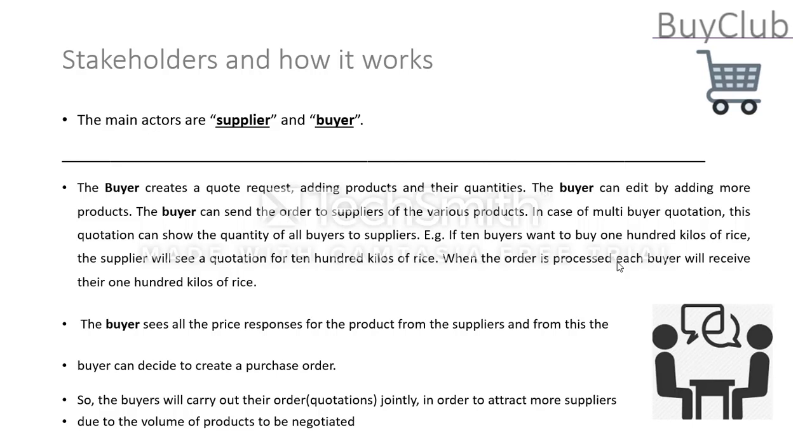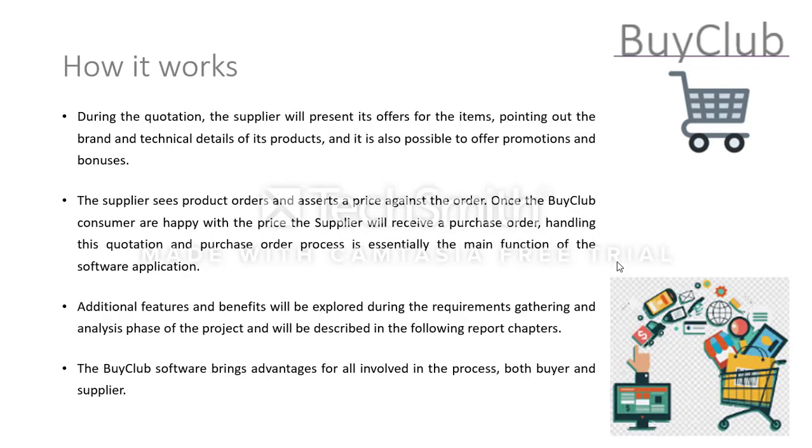So the buyer sees all the price responses from the suppliers and decides whether to create a purchase or not. The buyers carry out this quotation jointly in order to attract more suppliers due to the volume of the product to be negotiated.